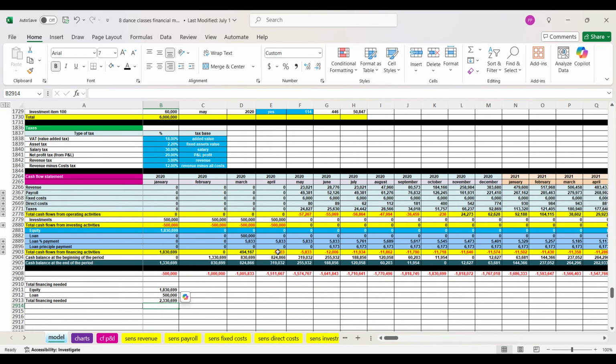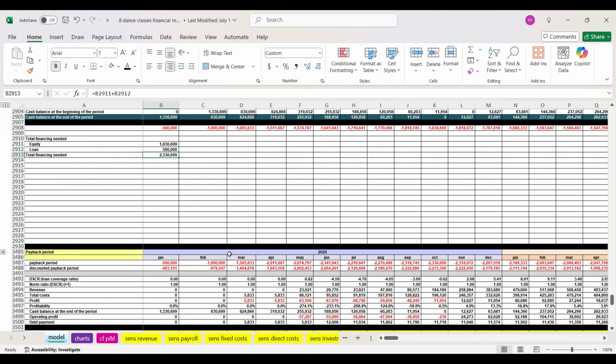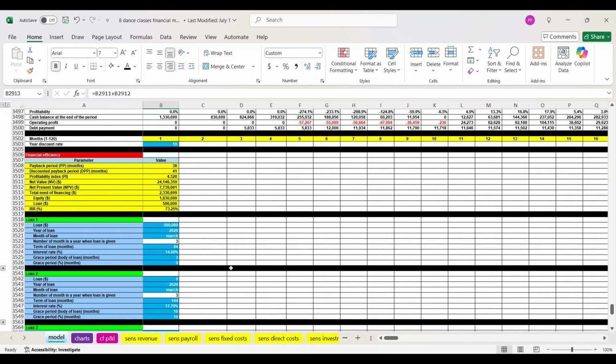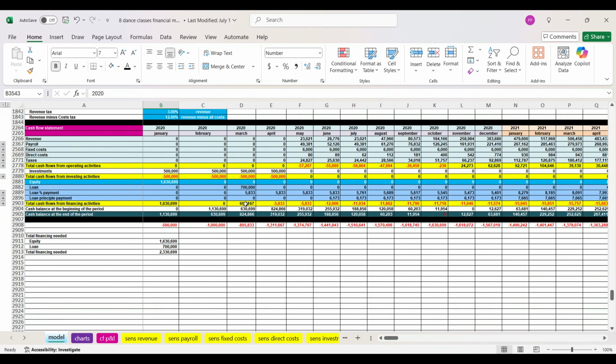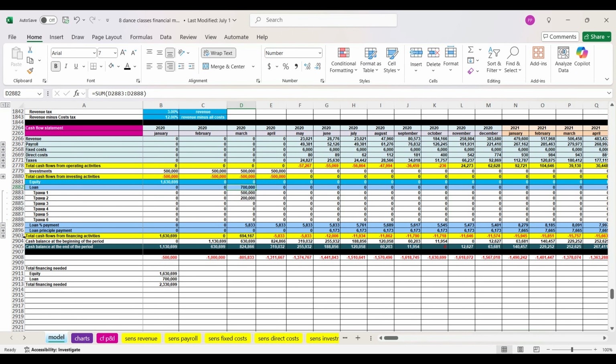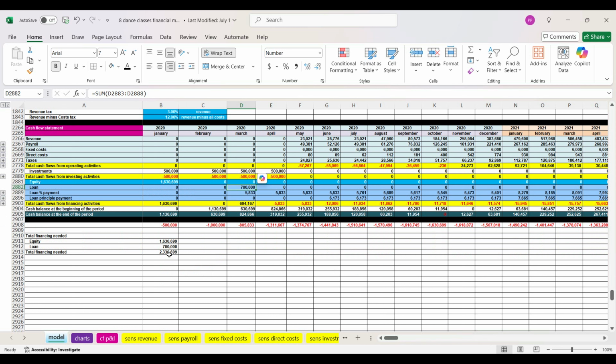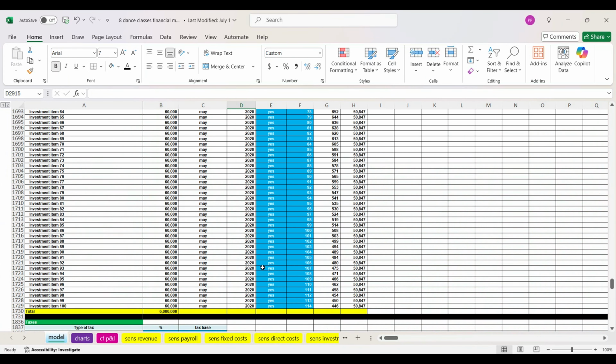So now you can create numerous scenarios very quickly, and you will be able to see how much money you will need in this scenario and that scenario. For example, we can add one more loan, let's say a 200,000 loan. Here it is. Now we have two loans. This is how the amount of financing needed changes.